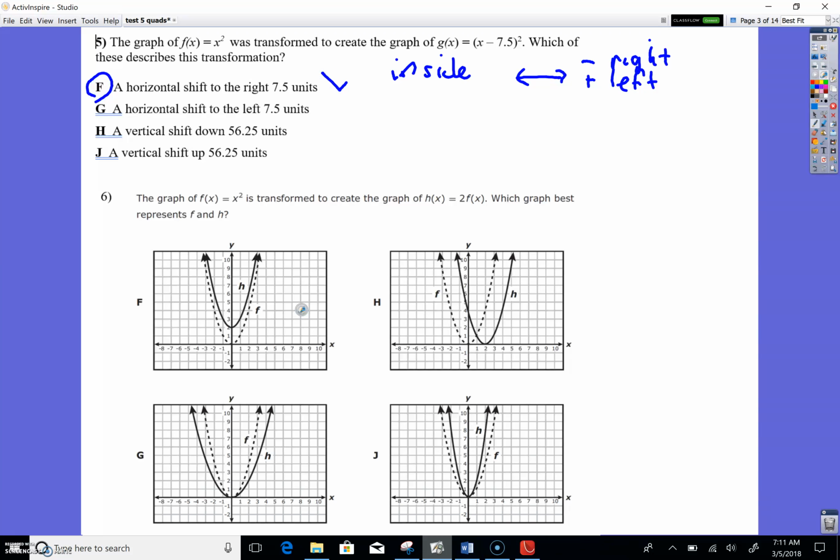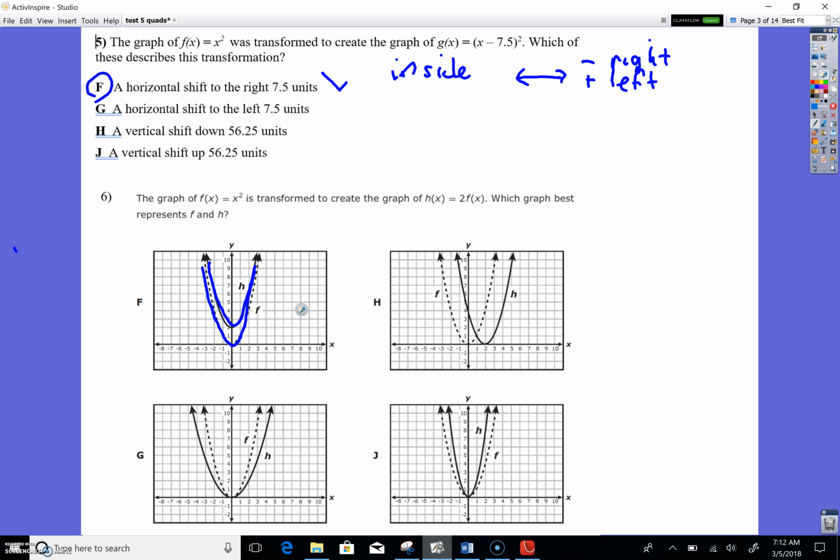Okay, number 6. The graph of f of x equals x squared is transformed to h of x. If you look at it, f is this one, h is this one. So h of x is 2 times f of x.